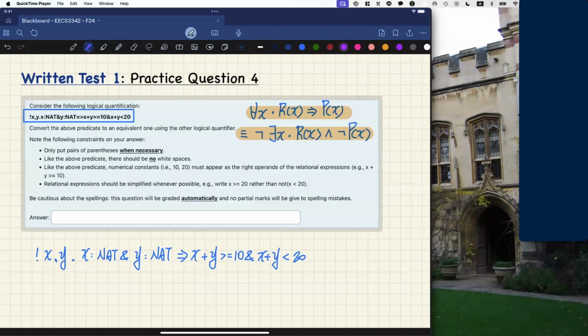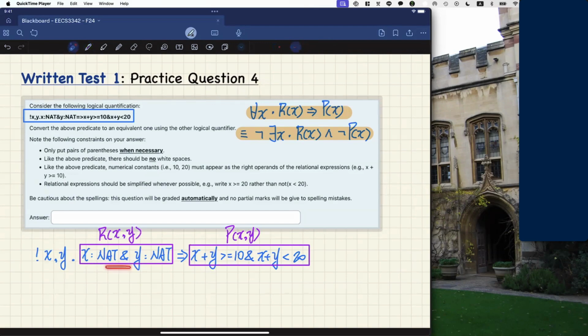You can think of this part over here as the property, like a P of x, y, and this part over here as the range of x, y. So what we have to do is keep the range the same, turn this implication into a conjunction, and then negate the expression here. But the question asks you to also simplify, and that's something we'll do.